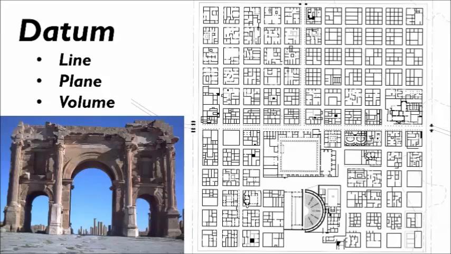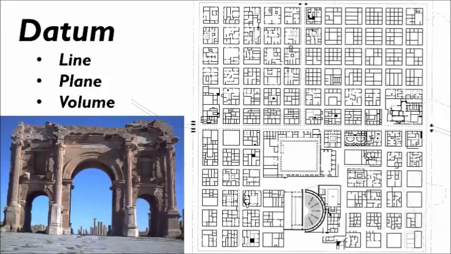So this idea of datum could be datum lines, datum planes, and datum volumes. You could have chunks of objects or chunks of space that form datum points. But here we're looking at datum lines in a plan.